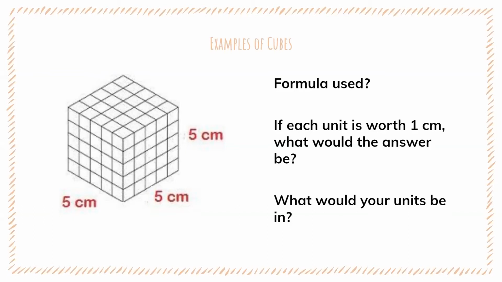I want you guys to find the formula used, and then, if each unit was worth 1 centimeter, what would the answer be? And what would your units be in? I'll give you about 3 minutes to go over that. If you can't figure that one out completely, that's okay. I'll review it with you and then we will continue on.